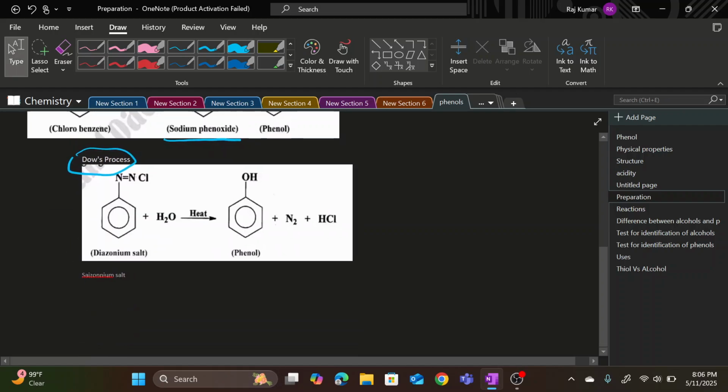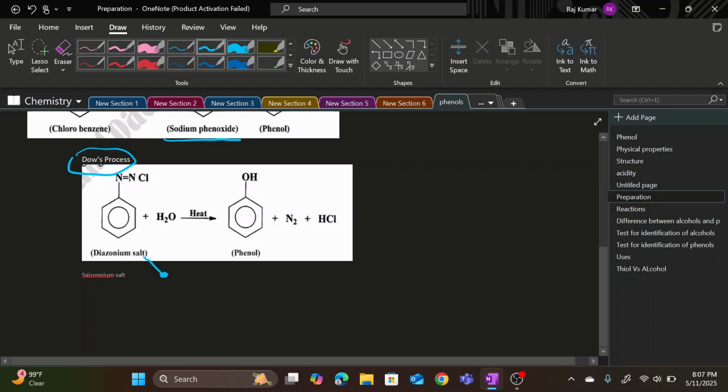Second is diazonium salt. We have previously studied that when we react aniline with HCl at a very low temperature, below 10 centigrade, we get a diazonium salt.